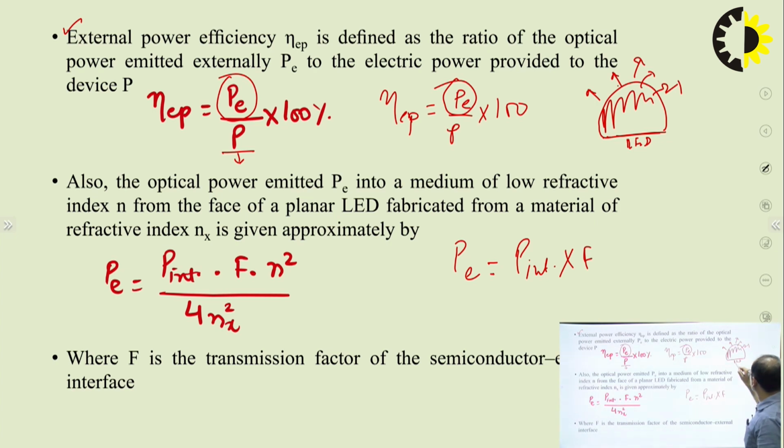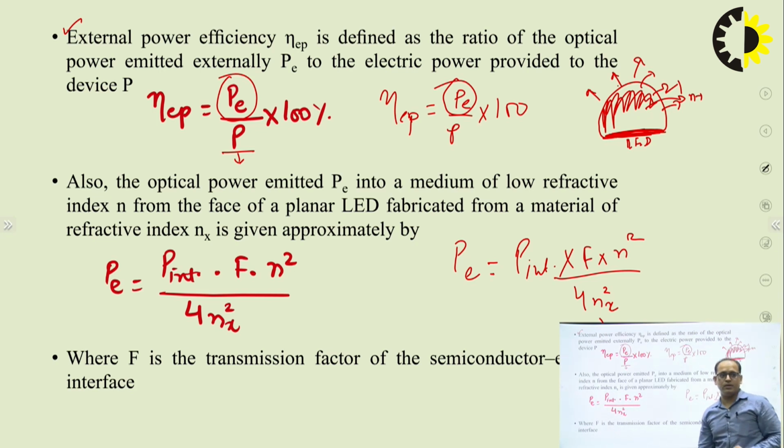This PE is equal to the total power internally generated by this device multiplied by some factor F, where F is the transmission factor of the glass, multiplied by 4 n squared x, where n is the refractive index of this material and nx is the refractive index of the material by which the LED is made.